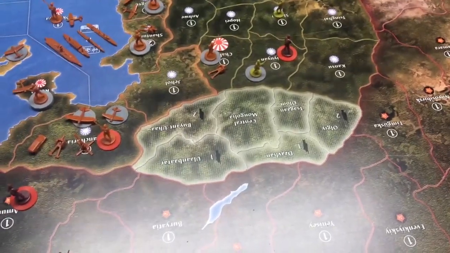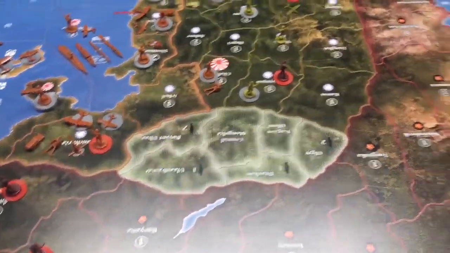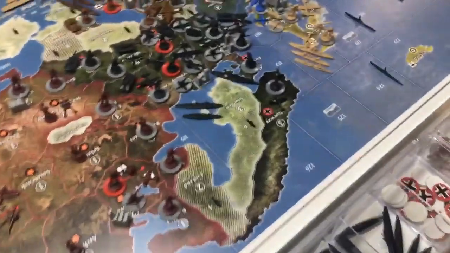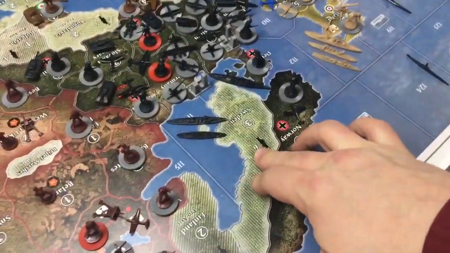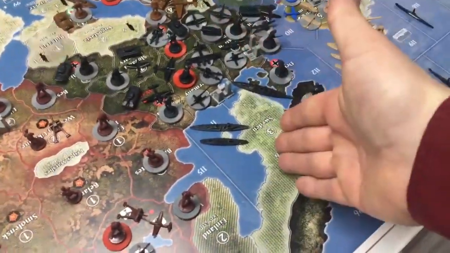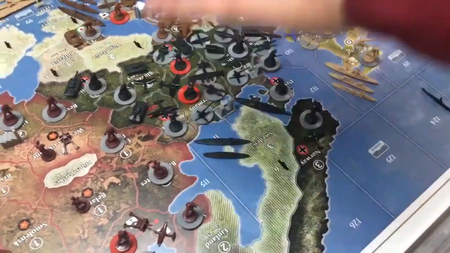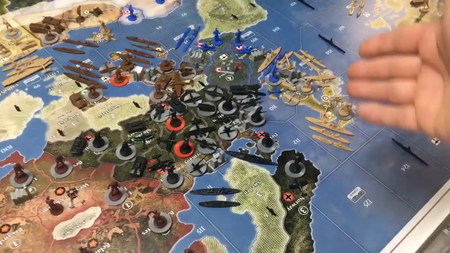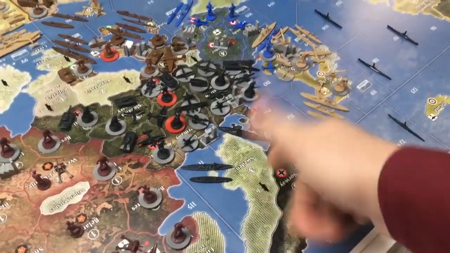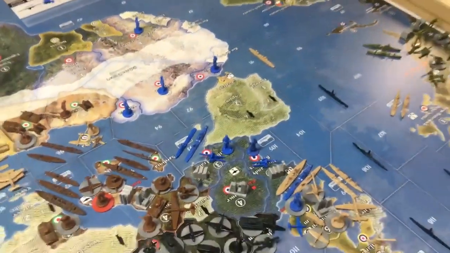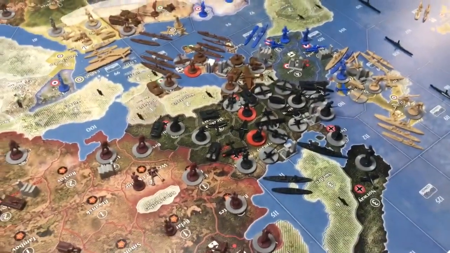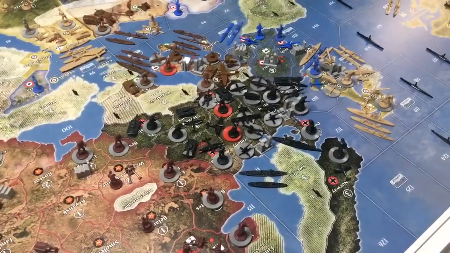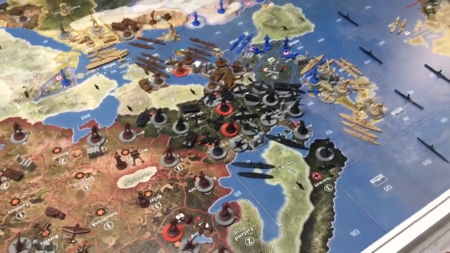Let's look at one last thing about Mongolia. Now, remember in my last video I talked about strict neutrals. If the Axis attacks Sweden, which is a strict neutral, then all other strict neutrals are going to become pro-Allied. And also, if the Allies attack Sweden, which is a pro-neutral, or Spain, which is a pro-neutral, then all other strict neutrals on the board will become pro-Axis.